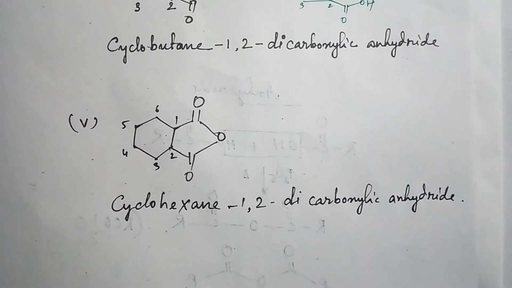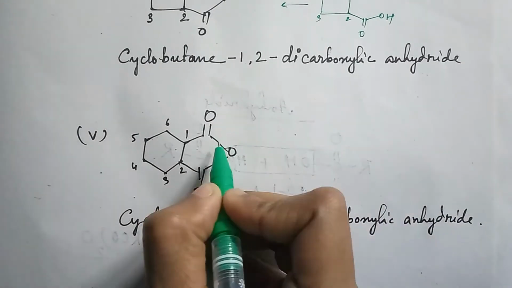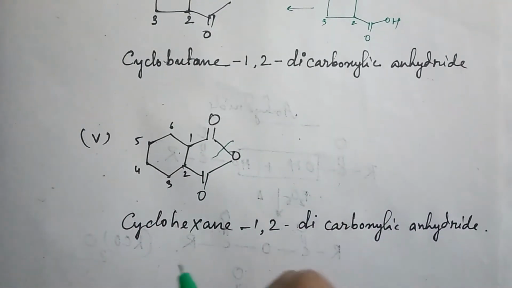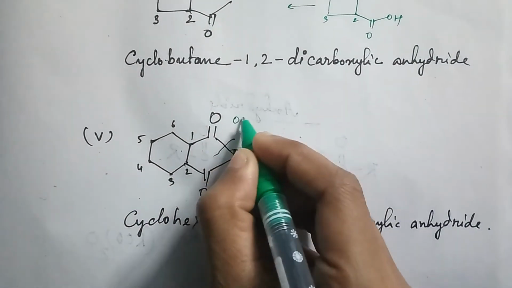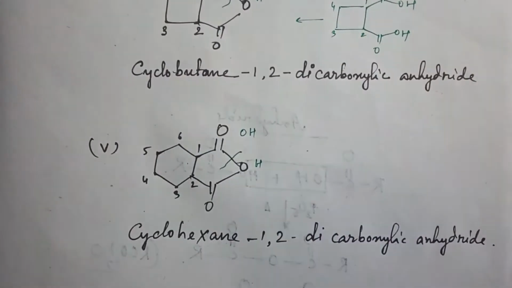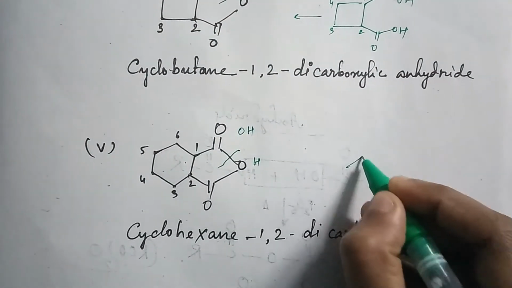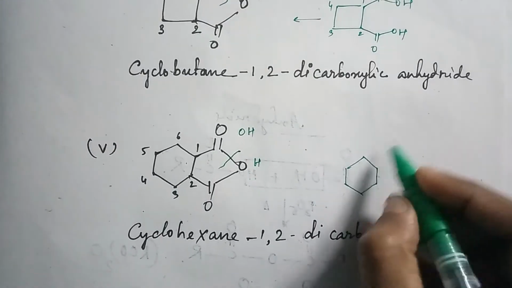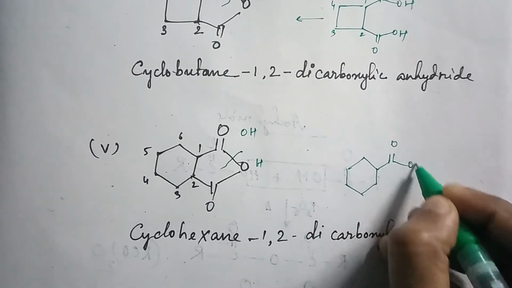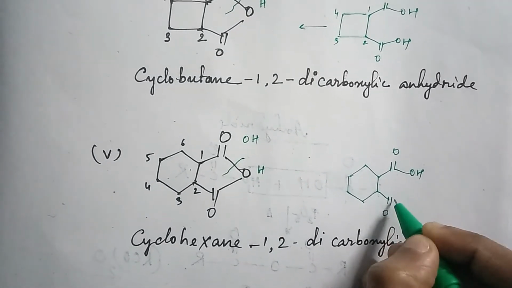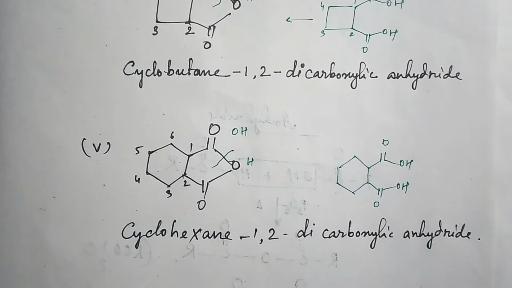Why carboxylic anhydride? Again same reason. If you break this anhydride portion in this part, then if you add here OH and here H, then the acid you are getting has C=O OH, C=O OH. Right?